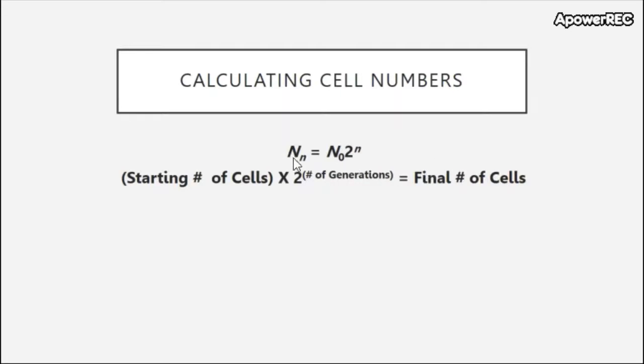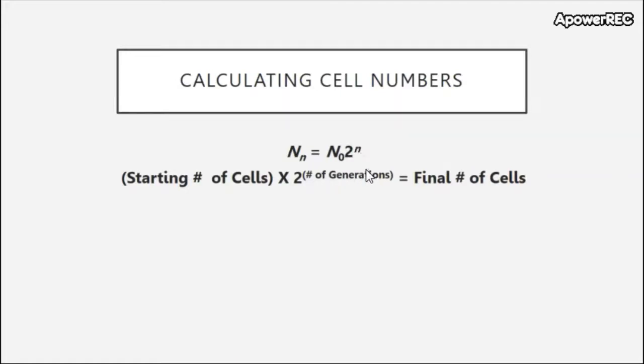So in this shorthand, we have capital N, which is the number of cells at generation 0. Remember in that previous slide, generation 0, we just had 1 bacterial cell. We're going to multiply that by 2 raised to lowercase n, which represents the number of generations.